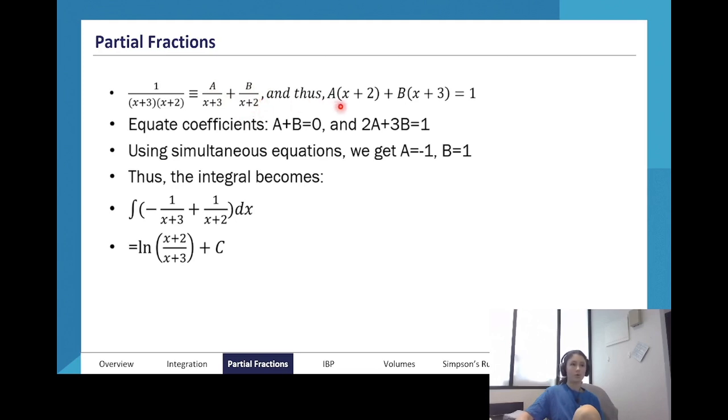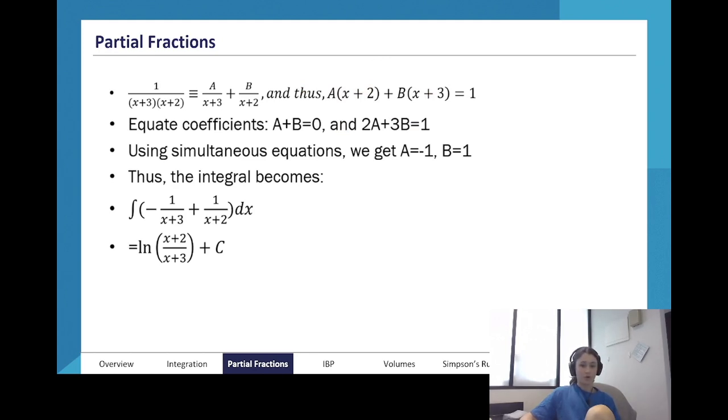And accordingly, A(x plus 2) plus B(x plus 3) is going to be equal to 1. So this is the equation that we can get the form of, and from here we can then find the values of A and B.